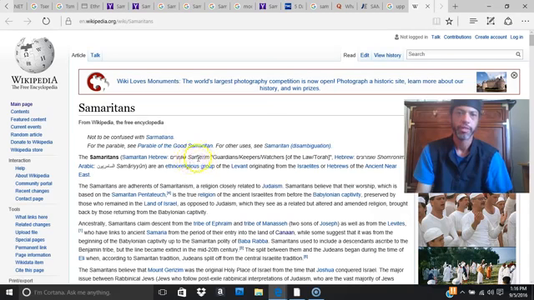Samaritans in Hebrew, Samarim, guardians, keepers, watchers, and they claim of the law. Right now, when you say a watcher, it says something different, doesn't it? Now, if these people are Canaanites and the Israelites didn't want them on the land, then this means something completely different.